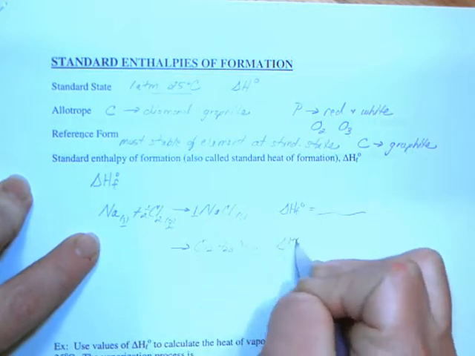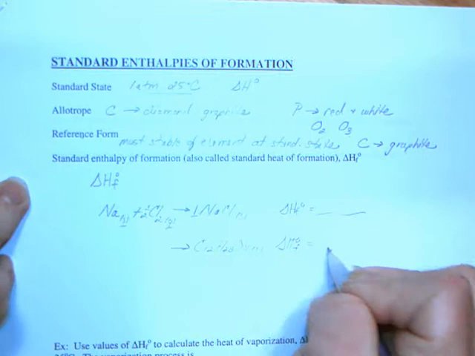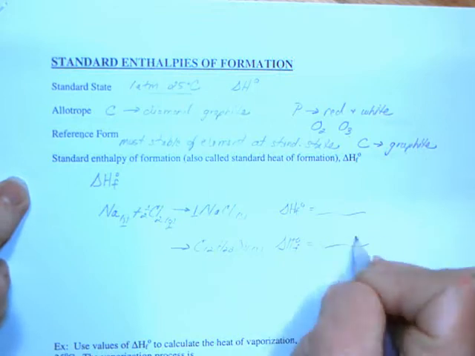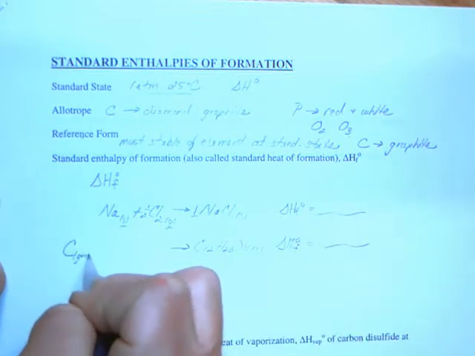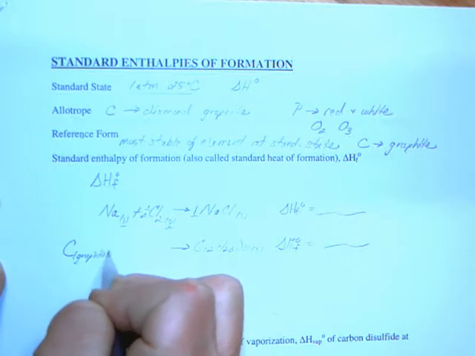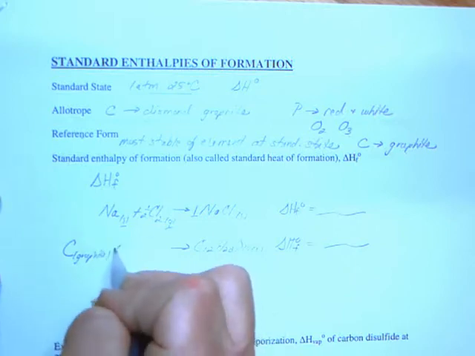If we would make sucrose, the standard enthalpy of formation would be experimentally what we would get from carbon graphite, and we know that we'd be reacting, need more room.